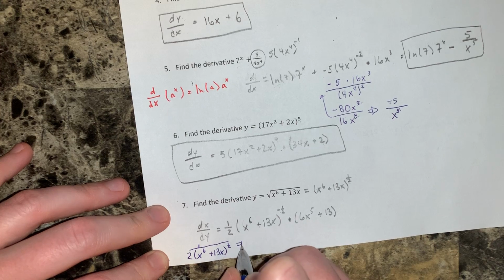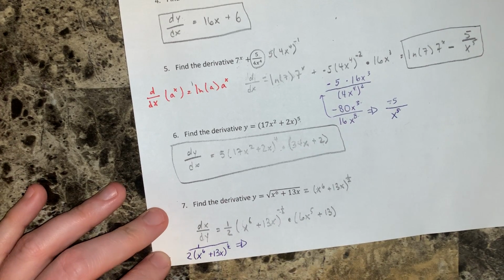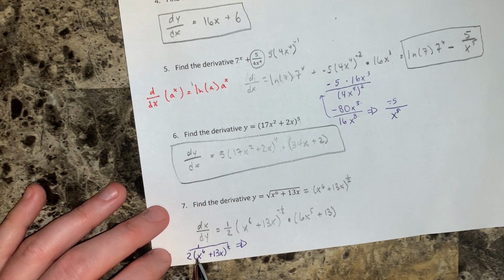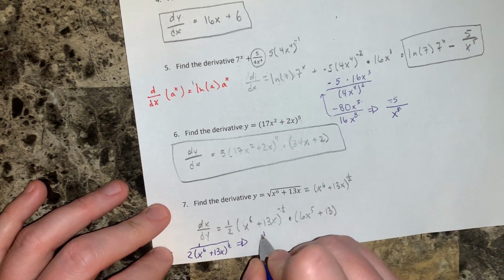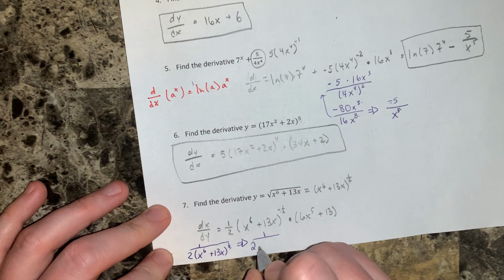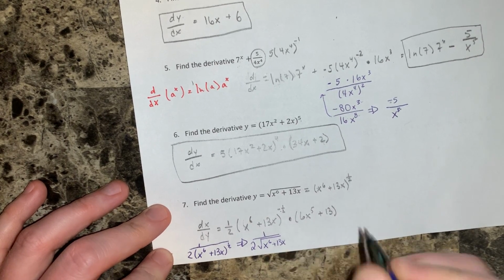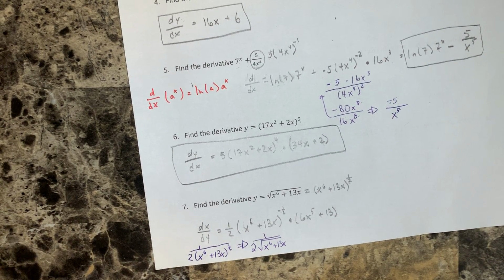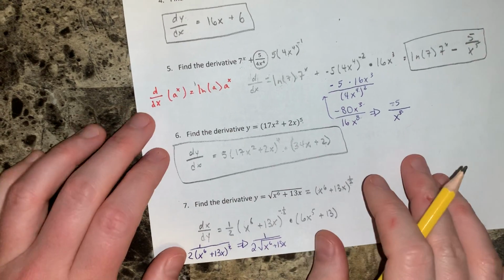This is actually going to simplify just a little bit more, because we have a fractional power, we can put this into a root. So 1 over 2 times the square root of x to the 6th plus 13x. Okay, so that was just simplifying this portion right here. We didn't have to do any simplifying here, so we can just leave it.